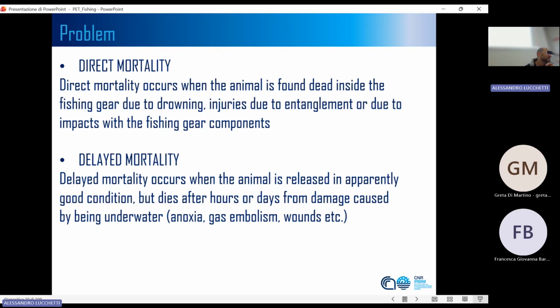Therefore, you think she's good, and you throw her back to sea. But sometimes we realize that these turtles are in a comatose state. They move quite fast because they are not in good shape, due to gas embolism, basically. And therefore, we didn't consider until now the delayed mortality. So you catch a turtle, you release it, you think it is in good condition, but this animal can die in, let's say, a week or a few hours.